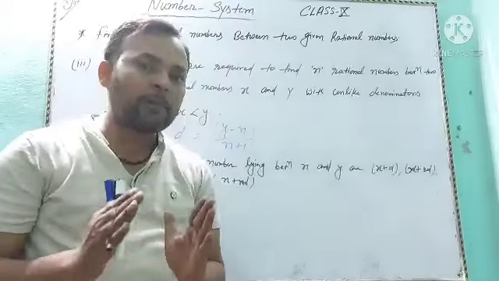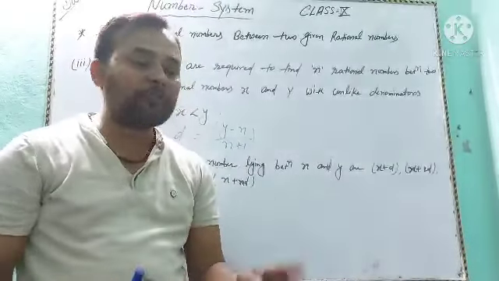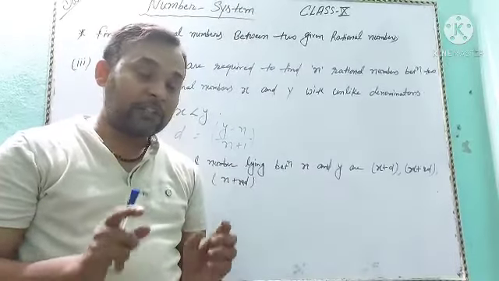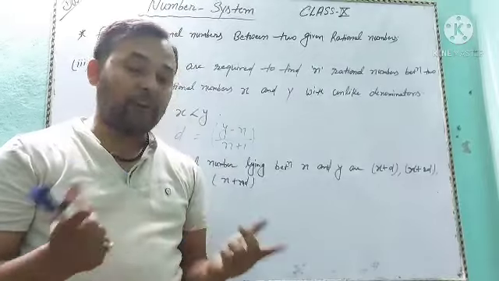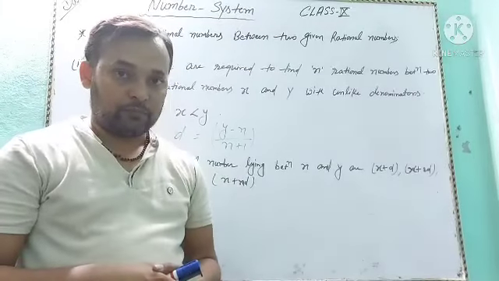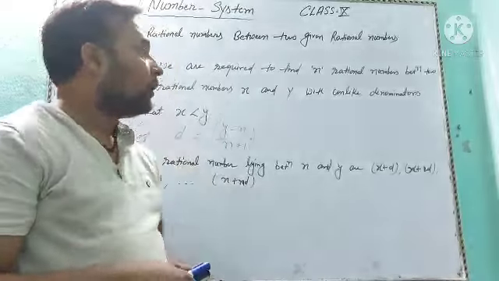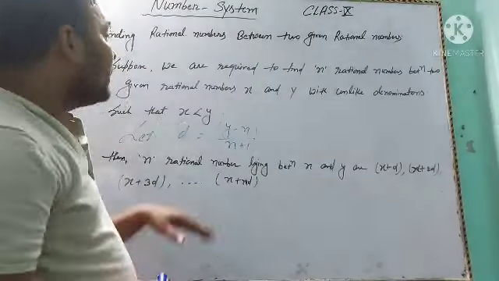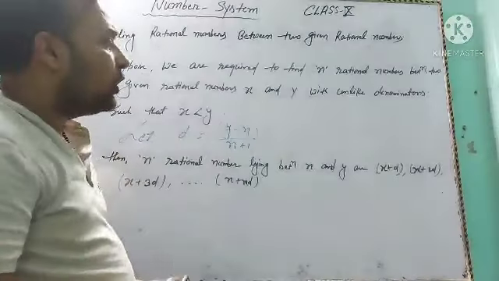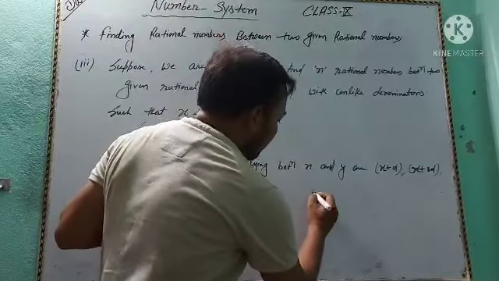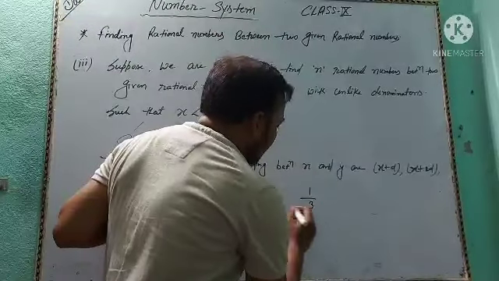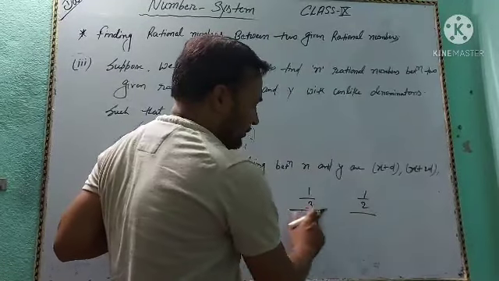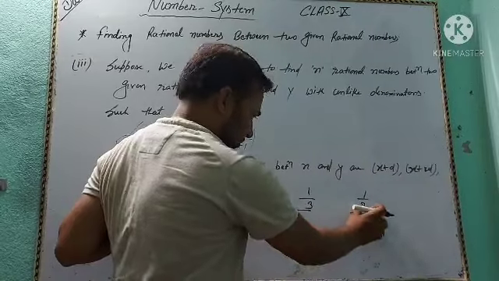We have to find n rational numbers between two rational numbers whose denominators are different, unlike, such that x is less than y. Suppose 1 by 3 and 1 by 2 are the two rational numbers with unlike denominators, that is, the denominators 3 and 2.